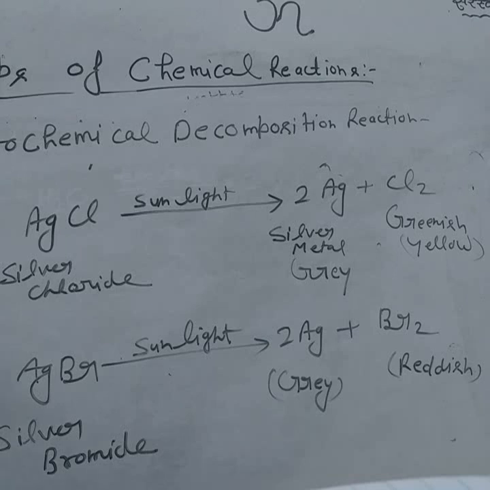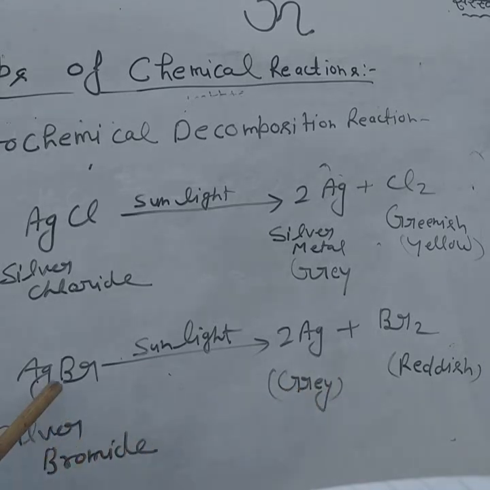The next example is photochemical decomposition of silver bromide. Silver bromide decomposes in the presence of sunlight to give silver metal and bromine. Silver is metallic gray and bromine is reddish brown in color. Two simpler elements or products are obtained.